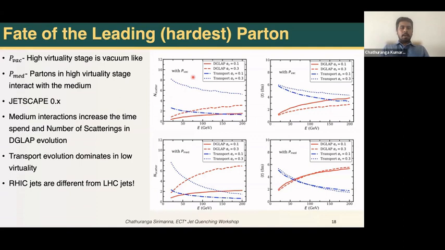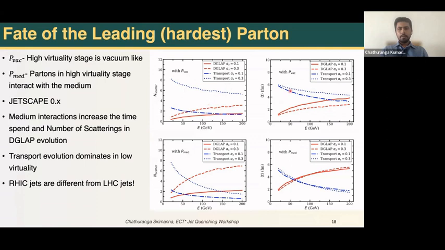To compare the effect from the high virtuality phase, we use the vacuum splitting function and the medium splitting function in the high virtuality phase in the multi-stage event generator, to compare the number of scatterings and the average time spent in the high energy and low energy stages.